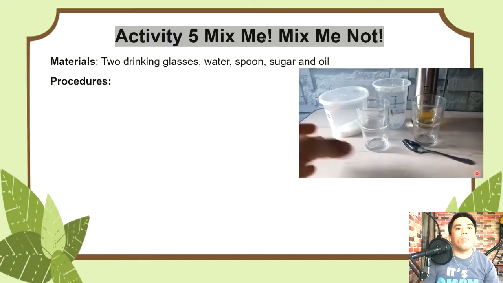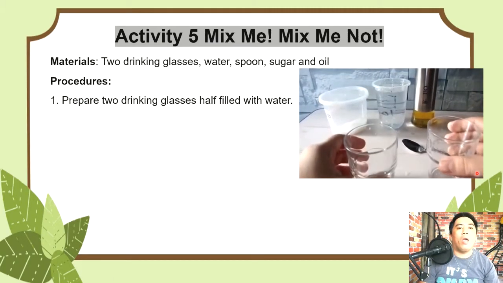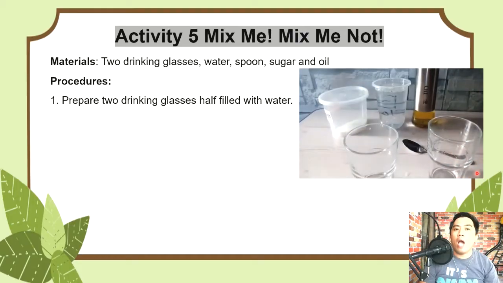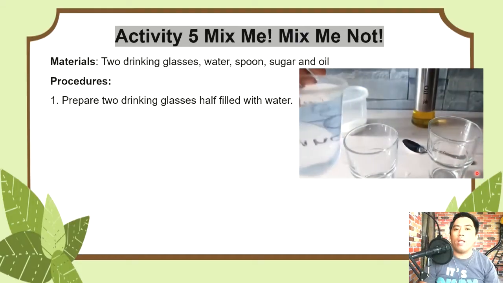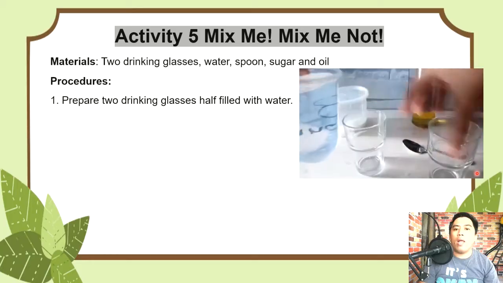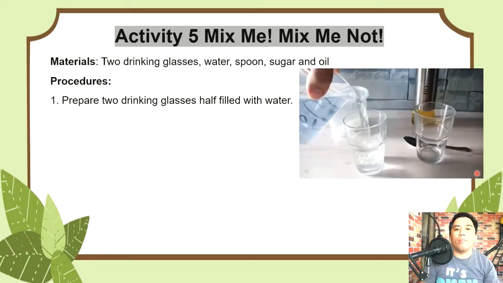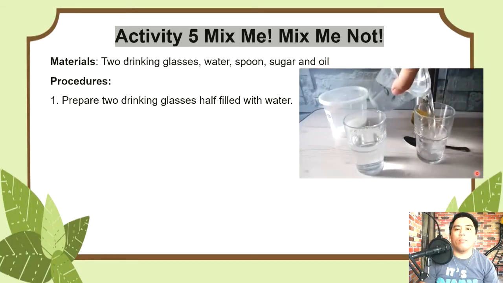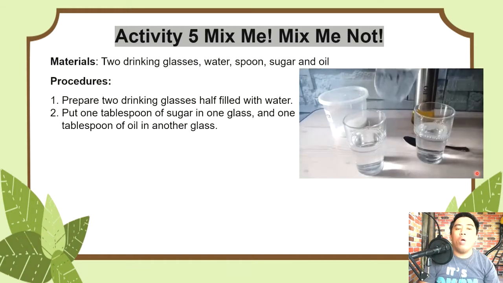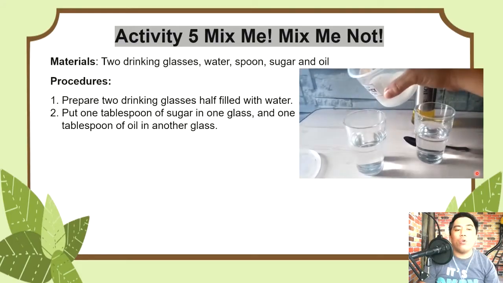Procedures. Prepare 2 drinking glasses half filled with water. So, lagyan ulit natin ng tubig. Kalahati ang baso. Number 2, put 1 tablespoon of sugar in 1 glass and 1 tablespoon of oil in another glass. So, yung isang baso, lagyan natin ng isang kutsarang asukal.